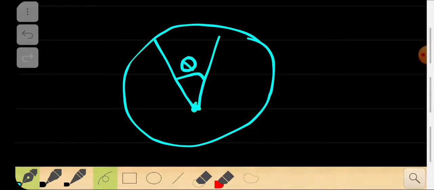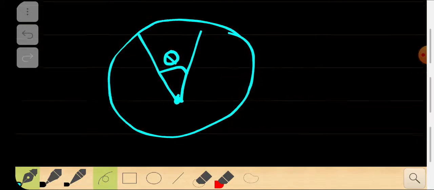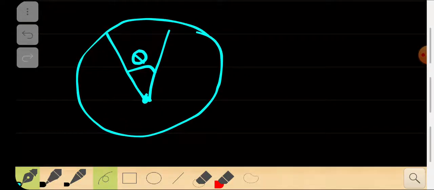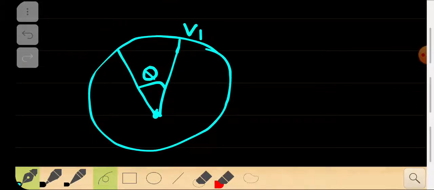In a circle you are moving around, it's a perfect circle. It doesn't look like one, but it is. There are velocities v1 and v2 at different points, and v2 is greater than v1, and it is moving in this direction. That means there is an acceleration.